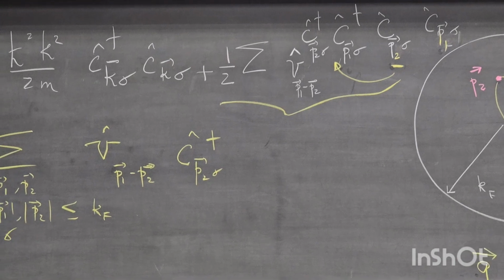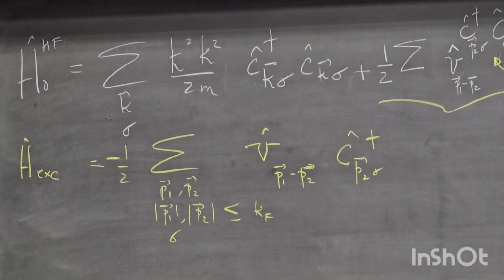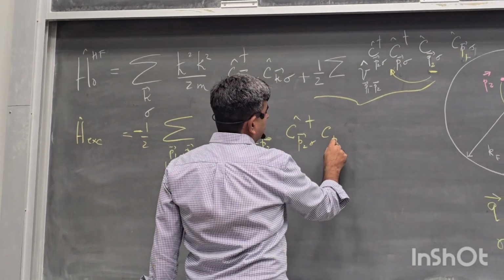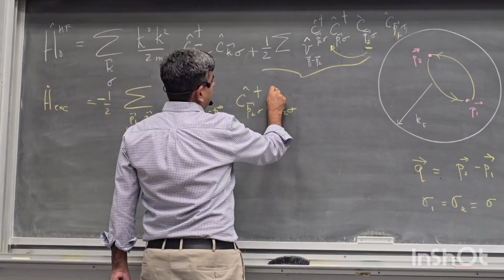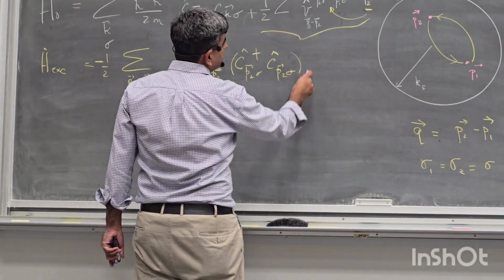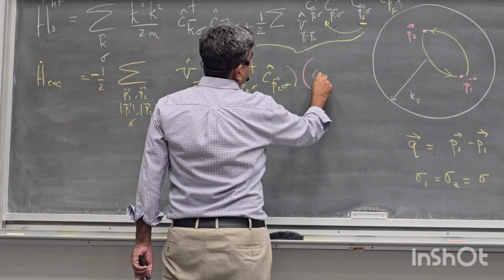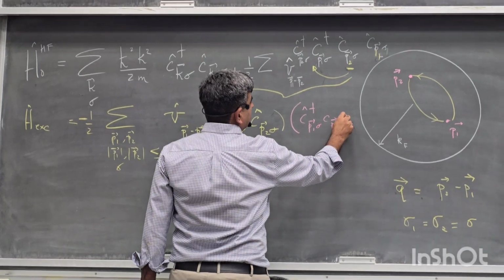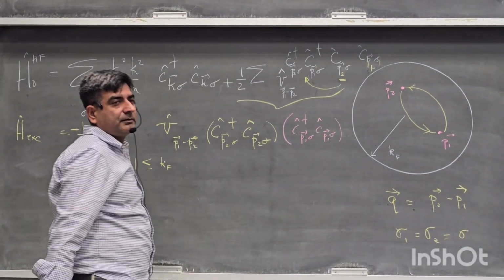I get a minus sign. So this becomes CP2 sigma. And then I have CP1 sigma G.